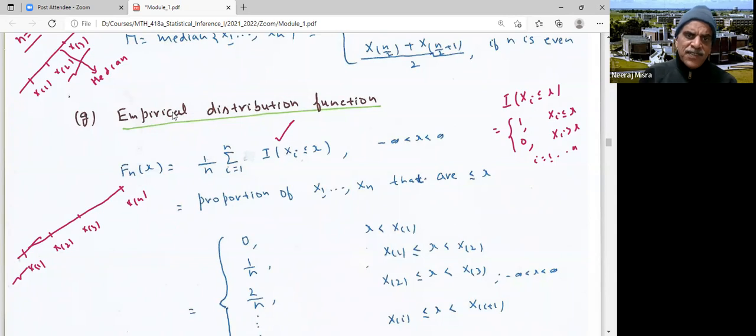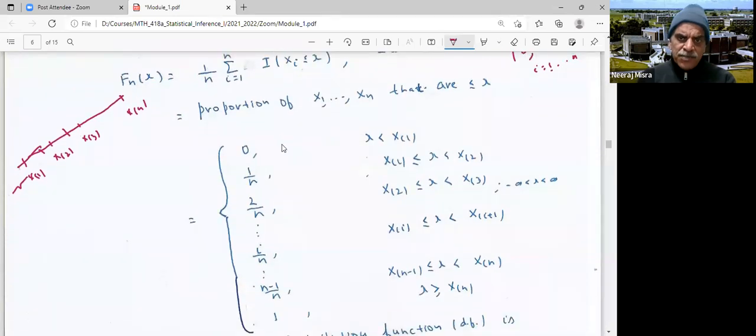So it is 0 observations. If x is bigger than or equal to X_1 and less than X_2, so that means x is over here, then the observations less than or equal to x are only 1, so the proportion is 1 by n. Similarly, if x was over here, then the observations less than or equal to x would be X_1 and X_2, so 2 observations, and the proportion would be 2 by n.